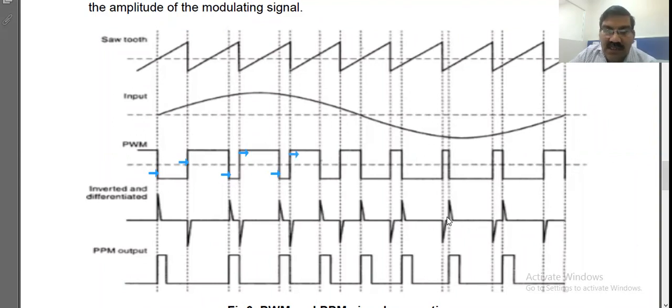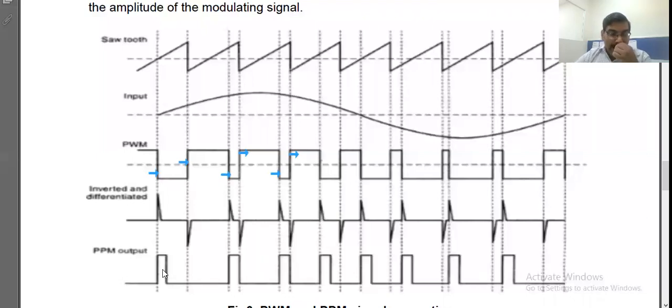Now the role plays here: how the pulse position modulation takes place. In pulse position modulation, the width of the pulse is fixed. Here you can see that the width of all the output pulses is fixed.